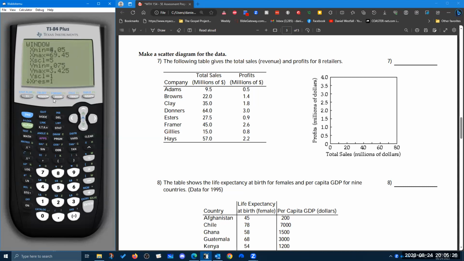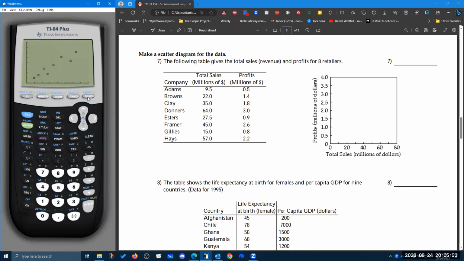And I can look at the window, and if I want to make this window so that it matches my graph, I want X to go from 0 to 80, and I want my tick marks to be by tens. And then I want my Y to go from 0 to 4, and my tick marks to go by 0.5s.